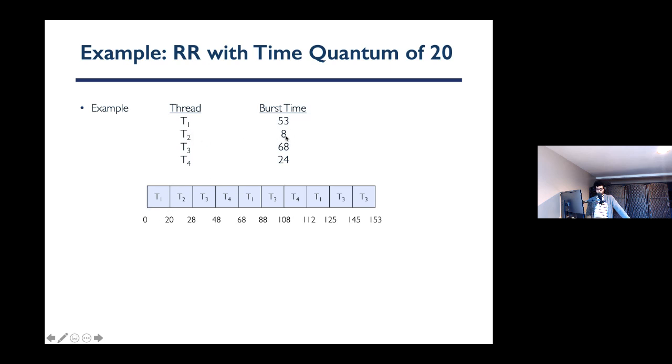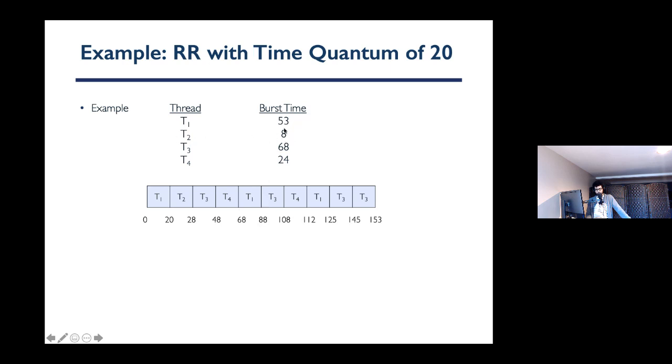T2 doesn't need all of its time quantum. It only takes 8, so it only uses 8 of it, and it's done. So we go to T3. T3 is 68, so it uses 20, and then context switches to T4. T4 uses 20. We go back to T1. We do another 20 for T1.